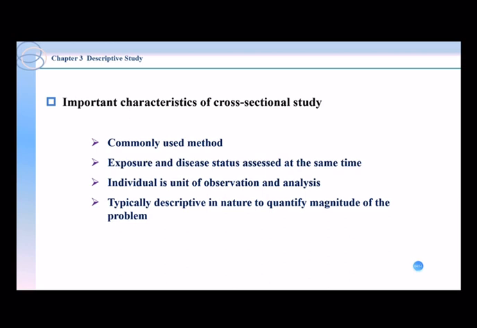The individual is the unit of observation and analysis. This is different from another descriptive study called ecologic study, which we will mention later on. And the cross-sectional study can typically be descriptive in nature to quantify the magnitude of the problem. So these are the important characteristics of cross-sectional study.